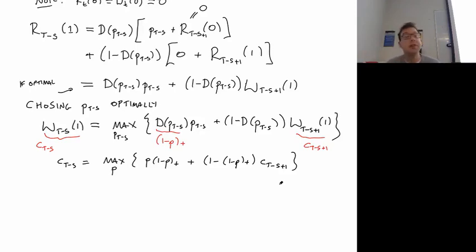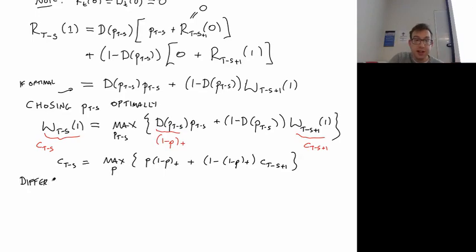What you'll notice is this function is something that I can differentiate, at least most of the time. So I can do differentiation with respect to p. For maximizing, I set the derivative equal to 0, and then I solve for the optimal choice of p.